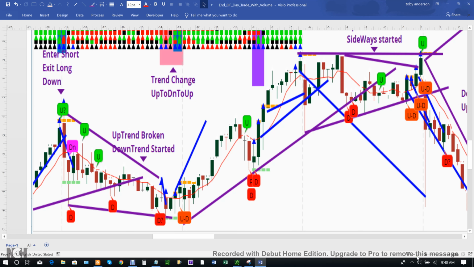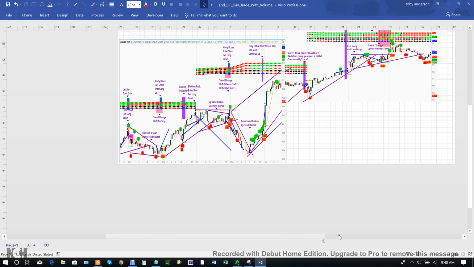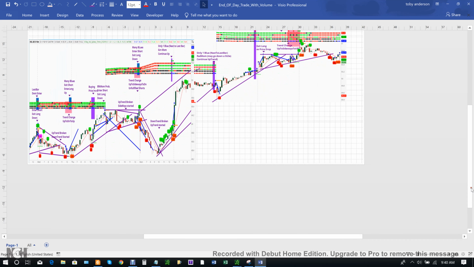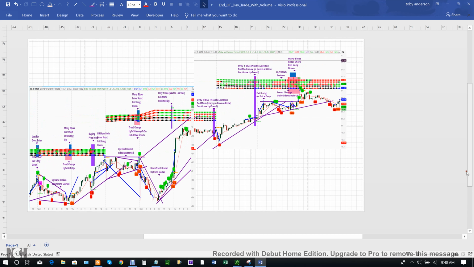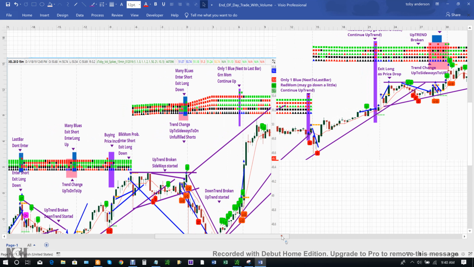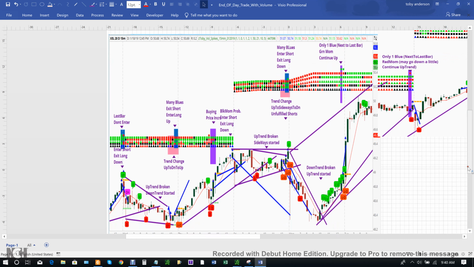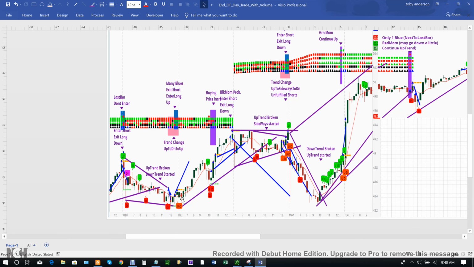So if we were to see the bigger picture, this is kind of small. Let me zoom in a little bit. Each one of these dashed lines is a day. You can see that this day went downtrend, that day went uptrend, this day went sideways, this went down.